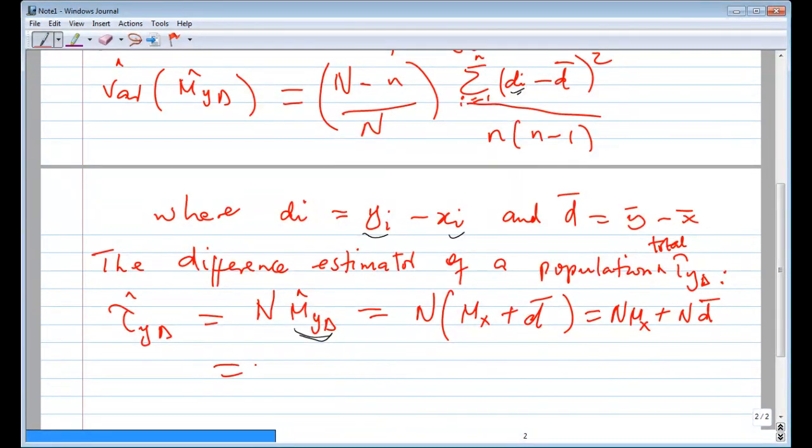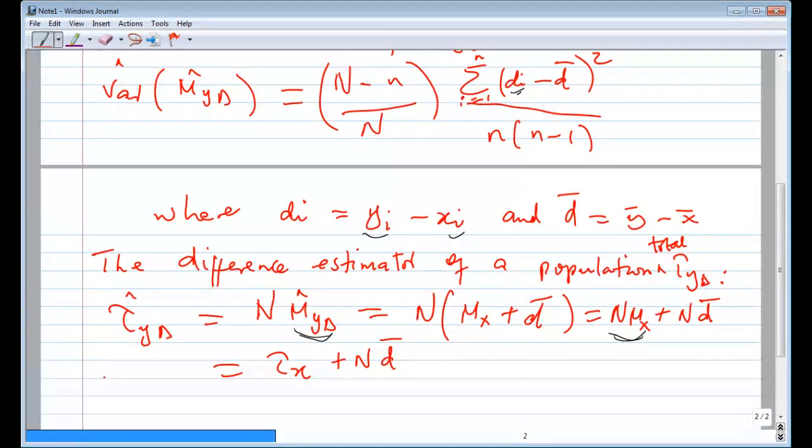But you know that N mu x is the same as what? If you still recall from the previous formulas, it's the same as tau x. So therefore, you can substitute N mu x by tau x. So you're going to have tau x plus N d bar.